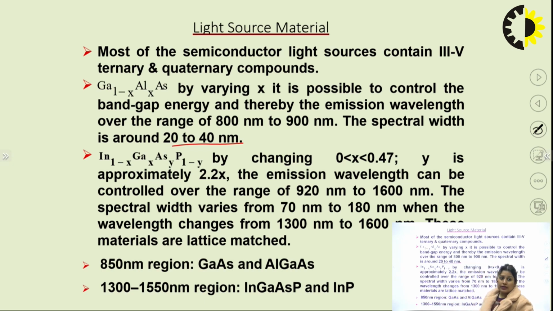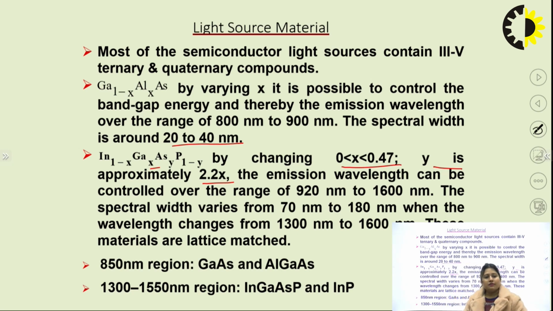The third point is the quaternary compound. In a quaternary compound we have four different elements, that is indium gallium arsenide phosphide. If the fraction of gallium is X, then indium is 1 minus X. Similarly, if the fraction of arsenic is Y, then phosphorus is 1 minus Y. By changing the values of X and Y, with Y approximately 2.2X, the emission wavelength can be controlled over a range of 920 nanometer to 1600 nanometer.